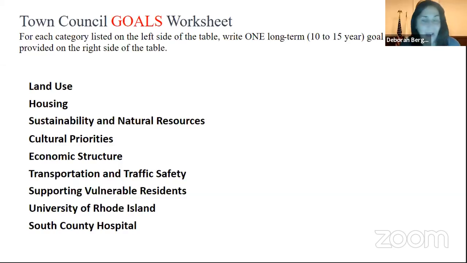So do we want to take out the last goal, which says promote and establish and so on by 2025? That's 4 years away. I don't know where we are. It was created in 2016, I guess, or these are 2018's goals, but that seems like a really short turnaround to promote and encourage the establishment of locally sourced renewable energy sources, such that by 2025 the production of such resources exceeds the annual energy use requirements of the South Kingstown municipal government.